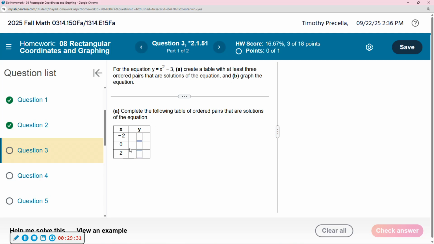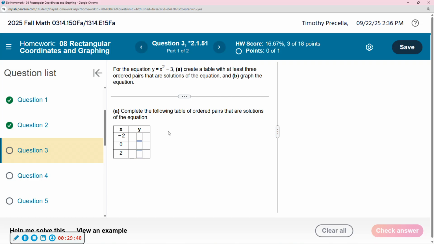So the first thing we're going to do is plug these numbers in for x and figure out y. Then I'll show you how to use the graphing tool for that one.